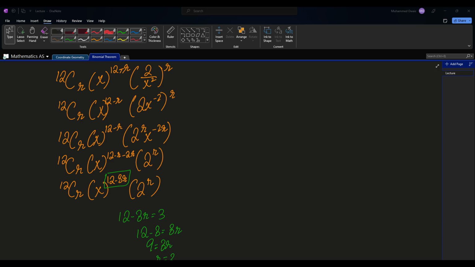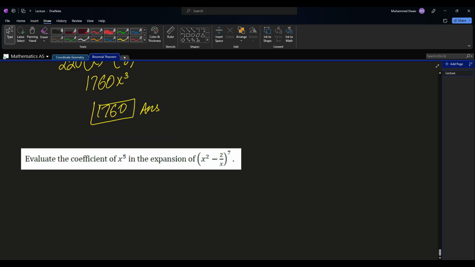All right, let us do another question. Here we have another question requiring us to find a term directly, which is asking us to find the coefficient of x power 5 in the expansion of this. So we will once again do our method where we do nCr.